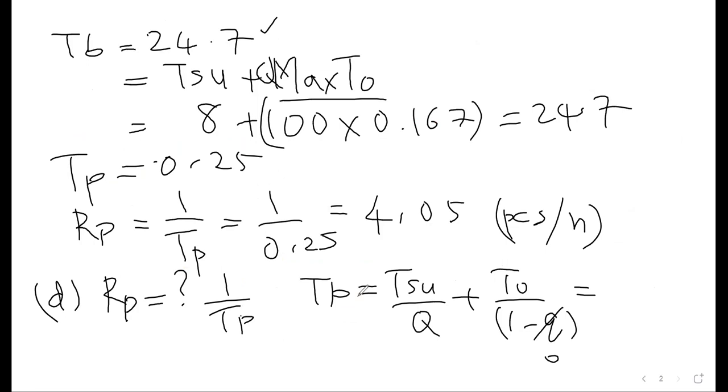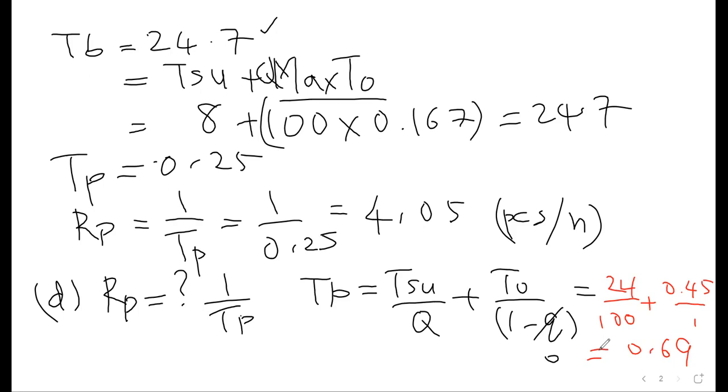So here you have TSU, setup time is 24 divided by 100, plus the operation you have 0.45 divided by 1 minus 0, which is 1. So you can get the answer is 0.69. So that is TP for the average manufacturing for all operations.